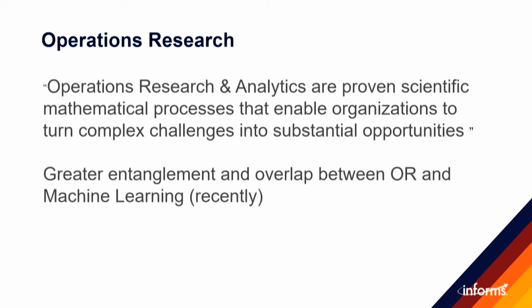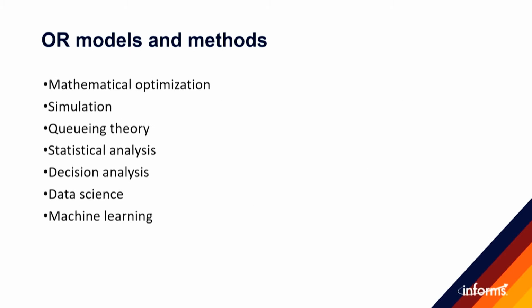If you take the definition of operations research from Informs itself, it says that it is the combination of analytics and models, so applied mathematics, to solve problems and support decision making. In recent years, there has been a great entanglement also between what you call data science and operations research. So our models have been enriched by the plethora of models that come from data science and machine learning.